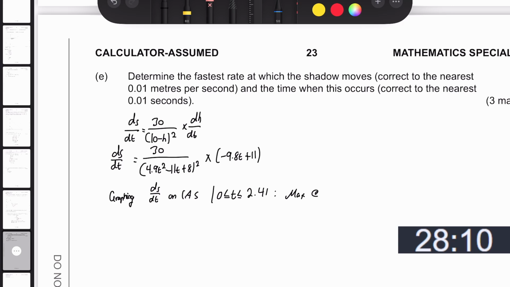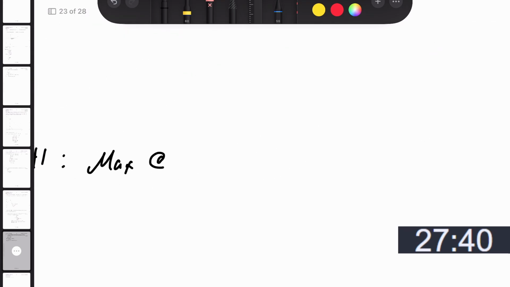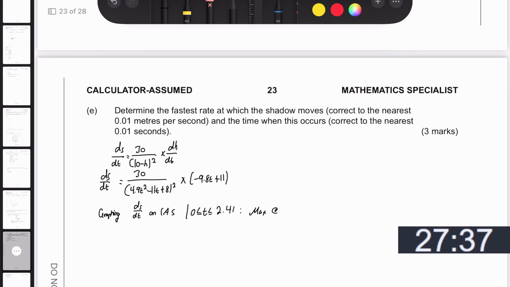Graph view. Oh wait, it bounds. So then given that 0 is less than or equal to x, is less than or equal to 2.41. Oh, it does not like graphing this. Fastest rate at which the shadow moves.